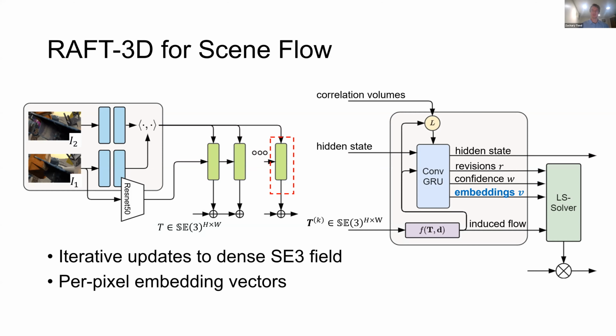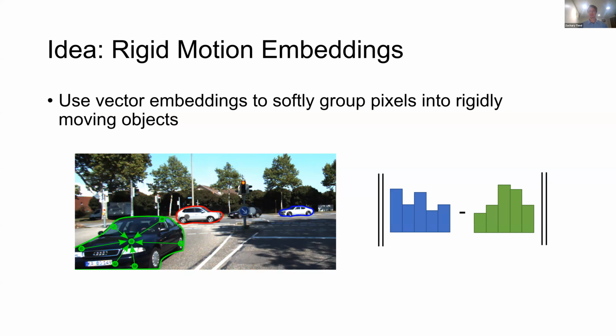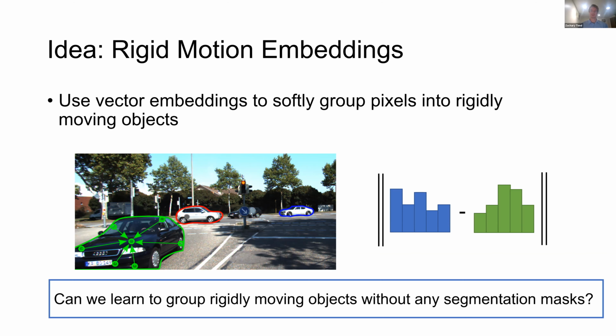The main update we make here is that in addition to predicting the hidden state, revisions, and confidence, we also want to predict per pixel embeddings. The idea of these per pixel embeddings is to softly group pixels into rigidly moving objects, such that the likelihood that 2 pixels belong to the same rigidly moving object can be computed based on the difference between their vector embeddings. And a question we want to answer is, can we learn to group these moving objects without any segmentation supervision?